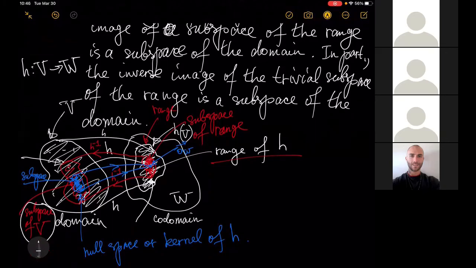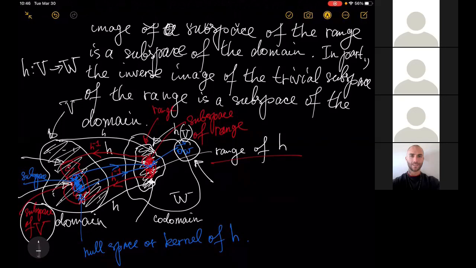And even more, if I consider the trivial subspace, containing just the zero vector, then the set of all elements of V which are mapped to the zero vector, pay attention, in general is not just the zero vector. We know that the zero vector of V is mapped to the zero vector of W, but this is not an isomorphism anymore.